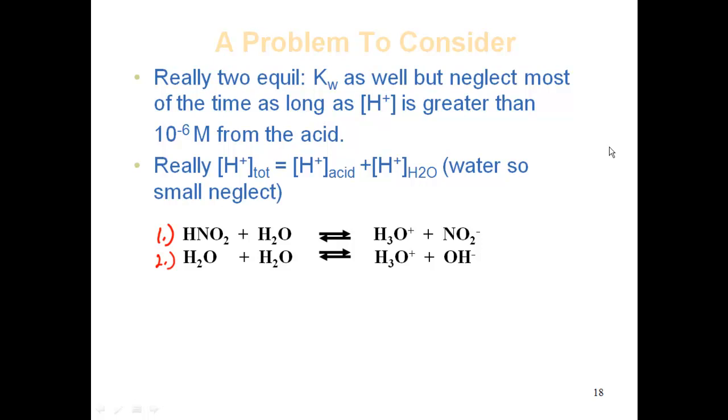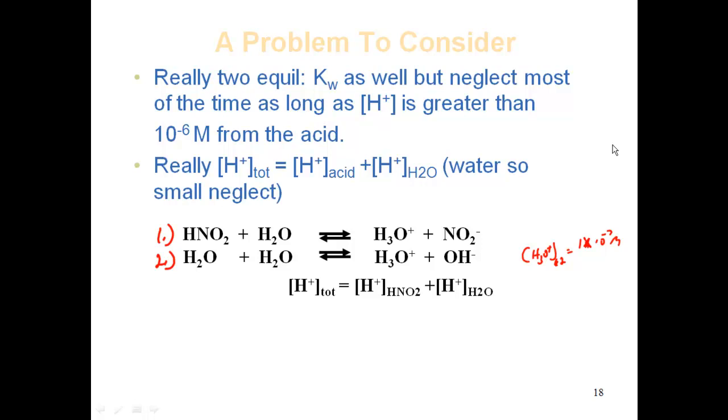The total amount of hydronium is a sum of both reactions, which means your total hydronium ion concentration is equal to the hydronium ion concentration coming from the weak acid plus the hydronium ion concentration coming from the water. Now you might recall we did the water equilibrium by itself, and we found the concentration of the hydronium ion at equilibrium to be 1 times 10 to the negative 7 molarity, which is a very small number.